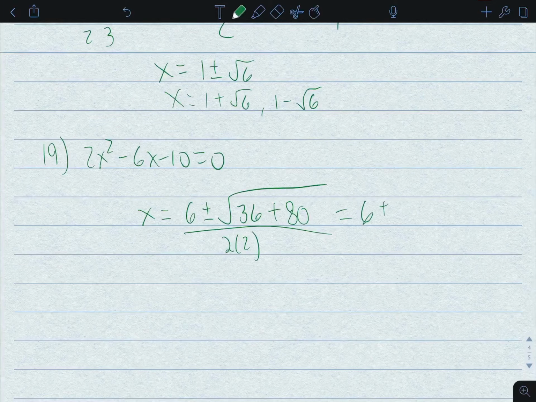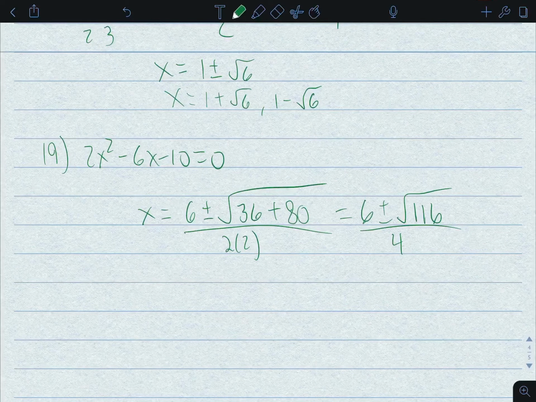Equals 6 plus or minus the square root of 116 divided by 4. Let me double check that. Yes, 116.